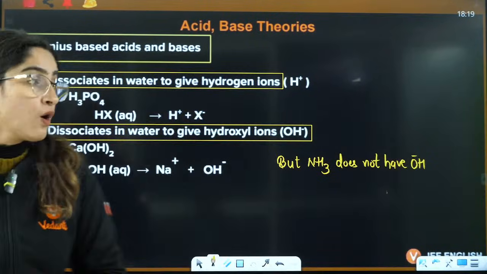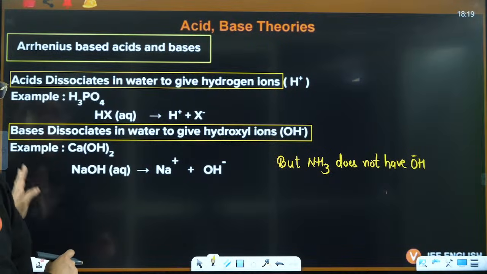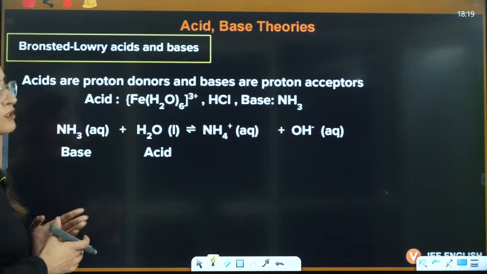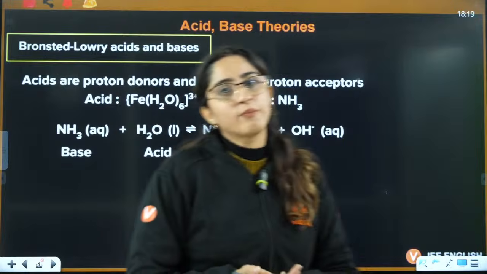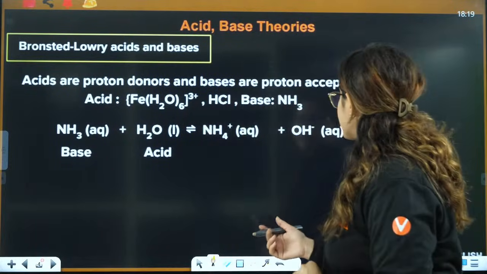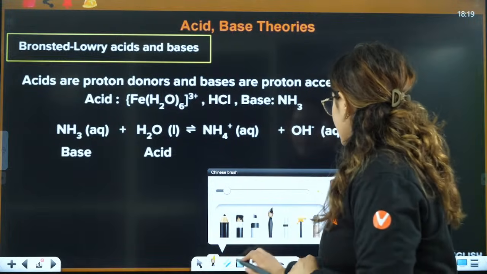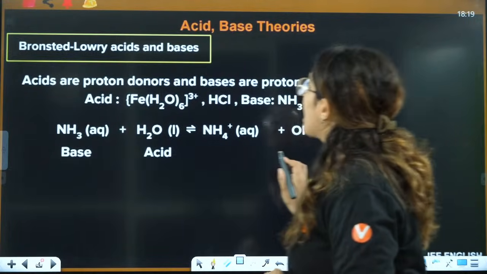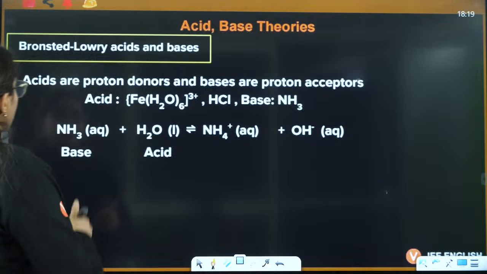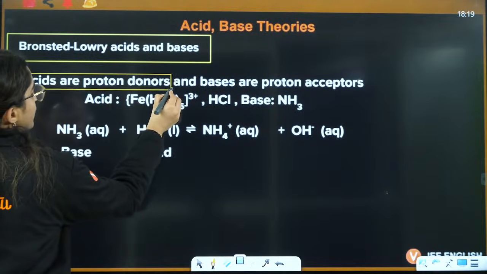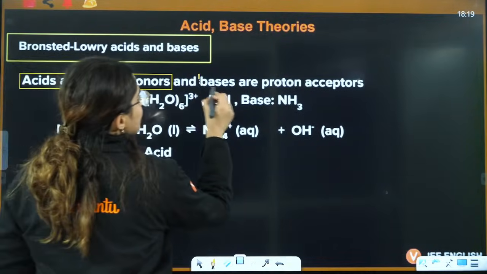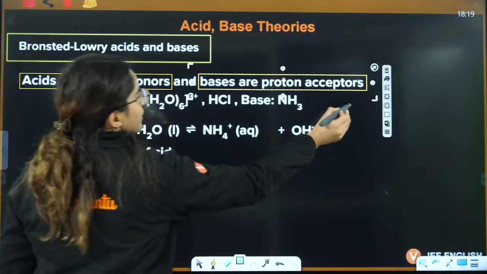So what do we do now? Then there is a concept called the Bronsted-Lowry concept of acids and bases. In this case, he said that acids are proton donors, that acids will donate protons, and bases are proton acceptors.